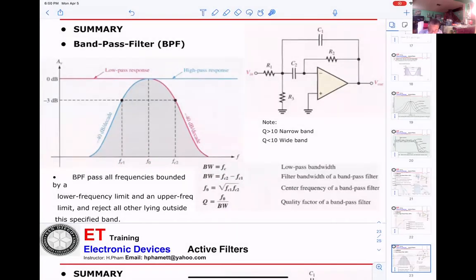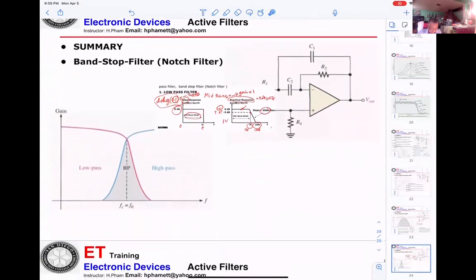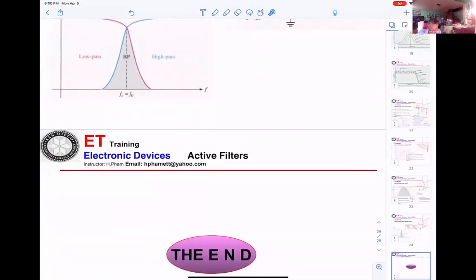So Q will be the quality factor of the bandpass. If the Q you calculate is greater than 10, that's what they call a narrow band. Narrow band is better than wide band. Q less than 10 will be a wide band, depending on what you get for the Q. So that's the band stop filter.